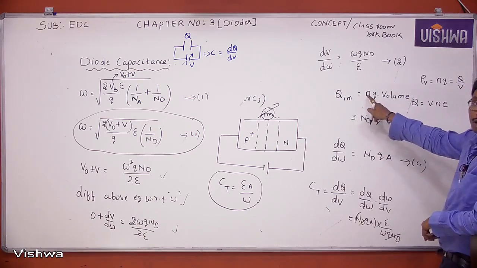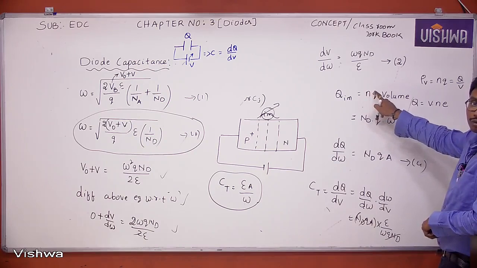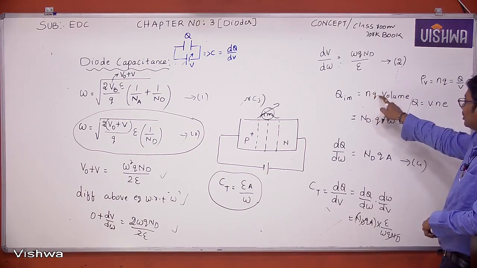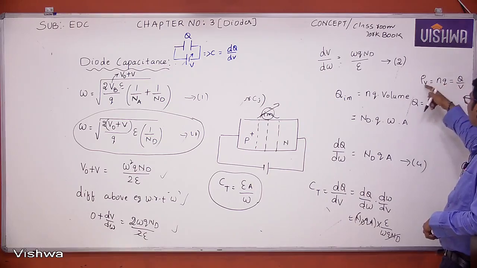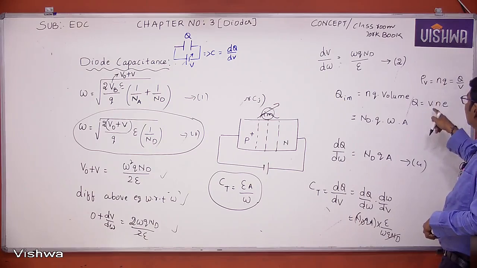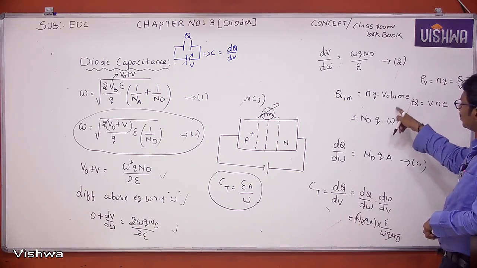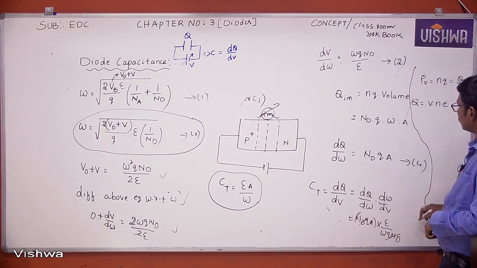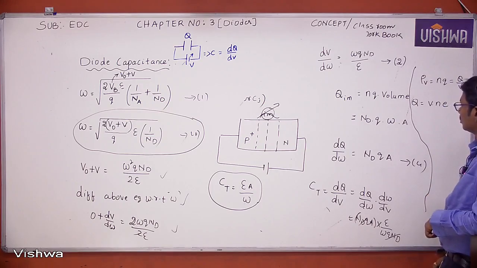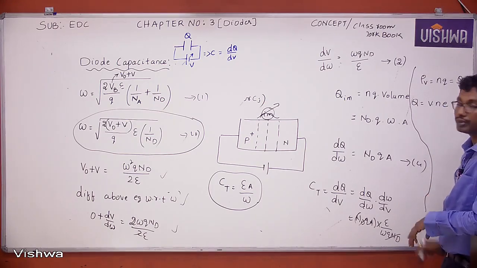I hope everybody understands how we got this expression. We know rho v equals N into Q, but rho v is nothing but Q by V. From this, Q equals N into E into V, right? Copy here. If you want, you can also copy this one also.